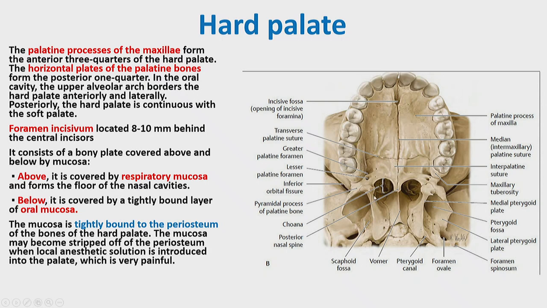The upper alveolar arch borders the hard palate anteriorly and laterally, and dorsally the hard palate continues with the soft palate. As you know, in the hard palate, approximately 8 to 10 millimeters, or 1 centimeter, behind the central incisor, there is a foramen which is called the incisive foramen.